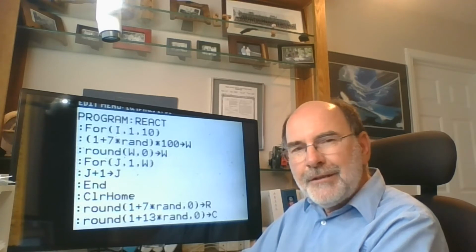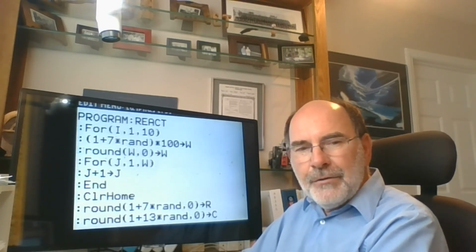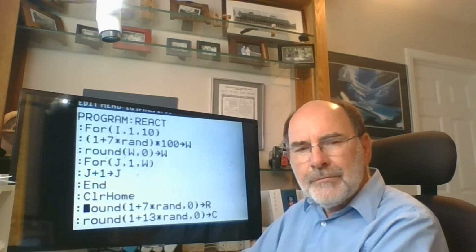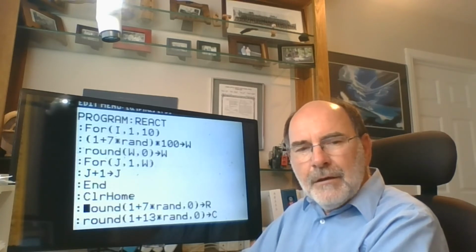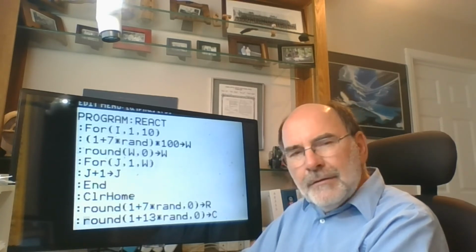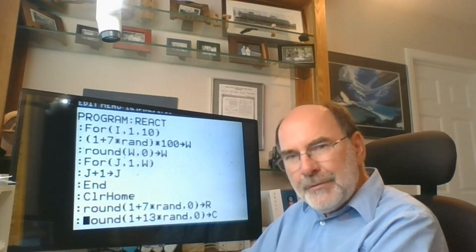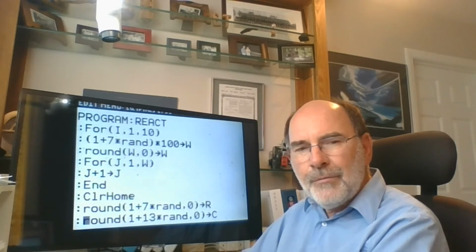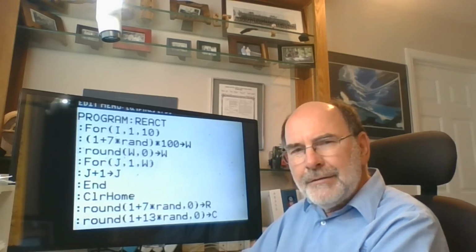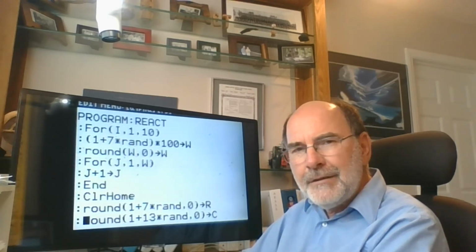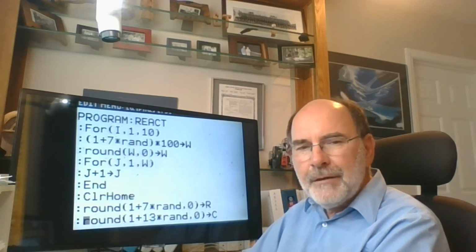Now I chose to generate a random screen location to print the message. So there were 8 rows available, so from row 1 to row 8. There are 16 columns on the TI-82, but I have a 3-column message, so I didn't want to start printing it in column 15. Otherwise, it would word wrap.